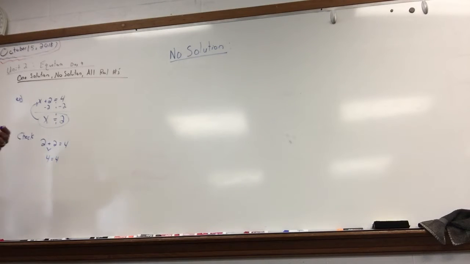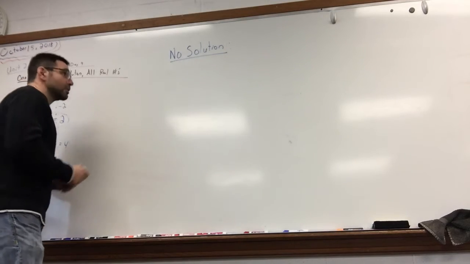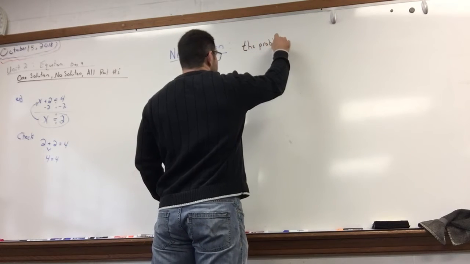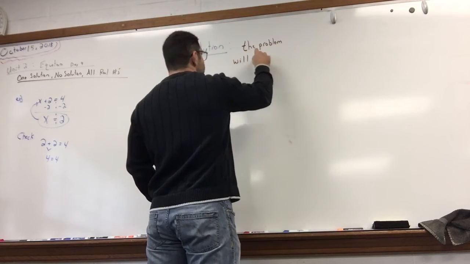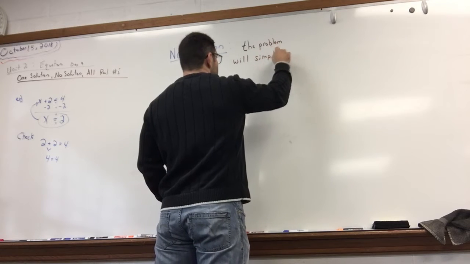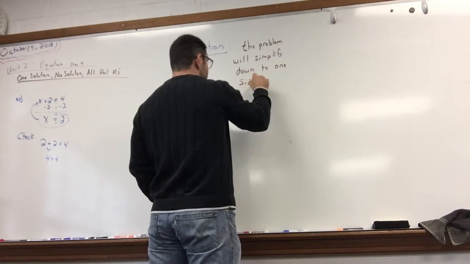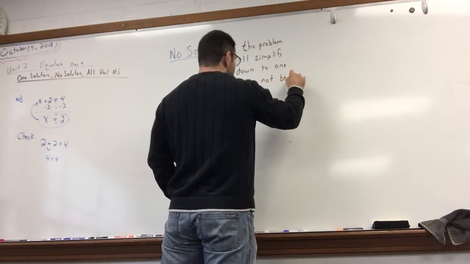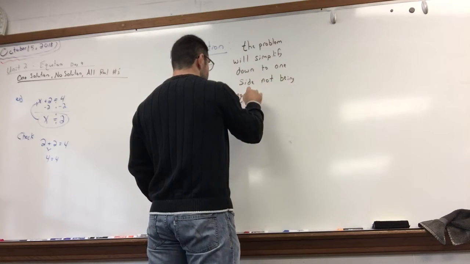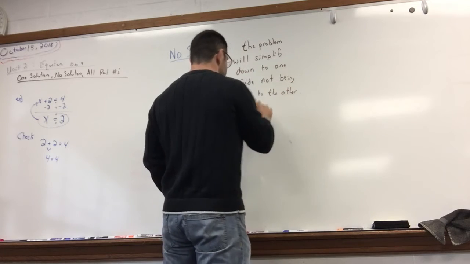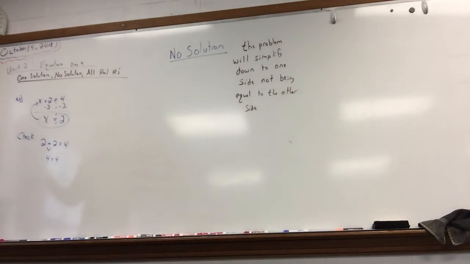So when we have no solution, the problem will simplify down to one side not being equal to the other side. If one side is not going to be equal to the other side, it is going to be no solution. And you're like, what do you mean?